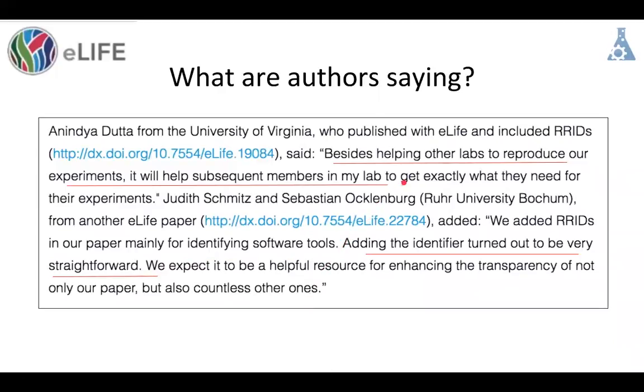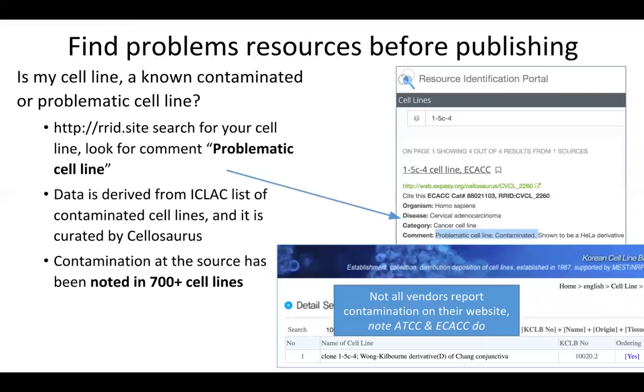So people see this as a pretty reasonable way to put a lot of rigor and transparency into their papers. And this one is very interesting. This is Dr. Dutta from University of Virginia, who said, besides helping other labs, our own lab is also going to benefit. So that's a great thing. It seems to be beneficial for the authors themselves.